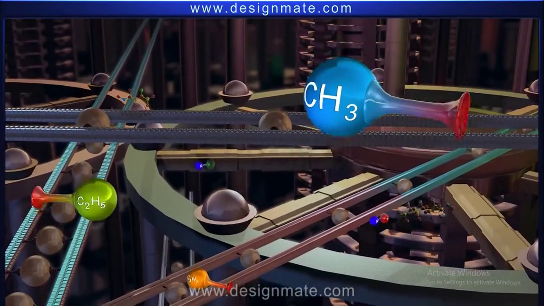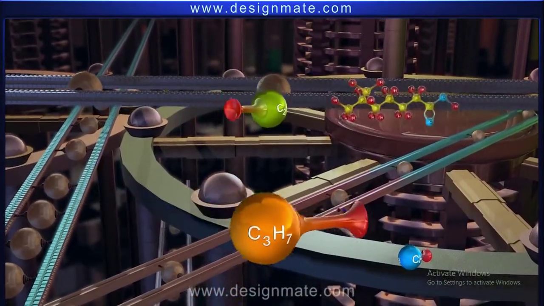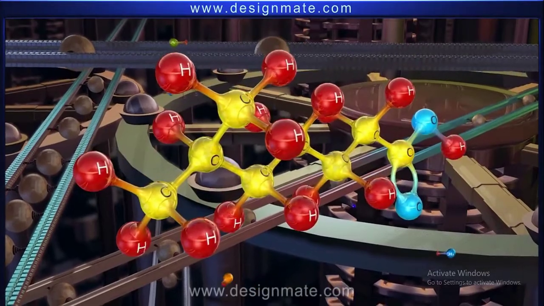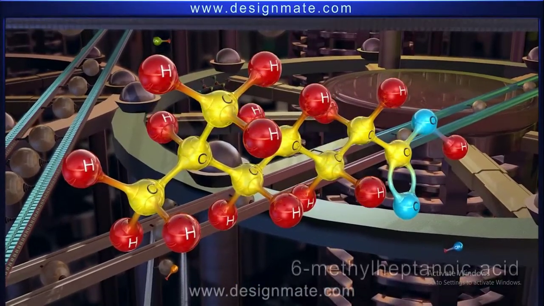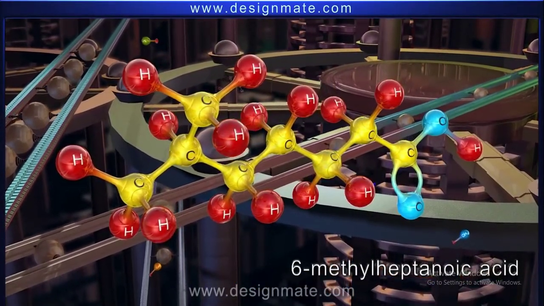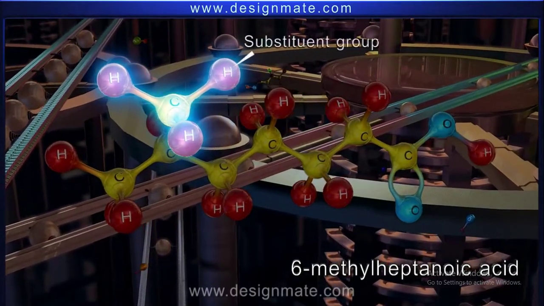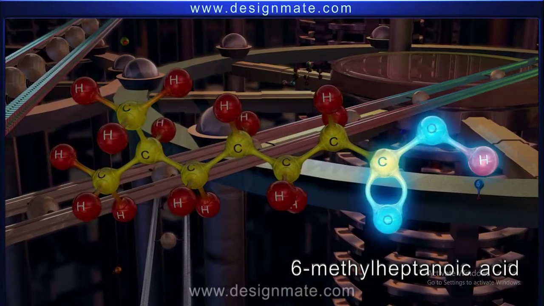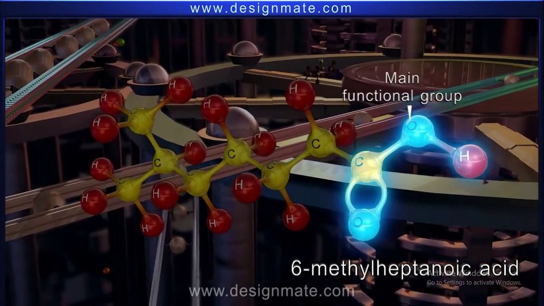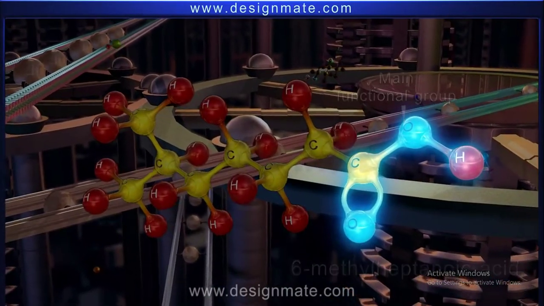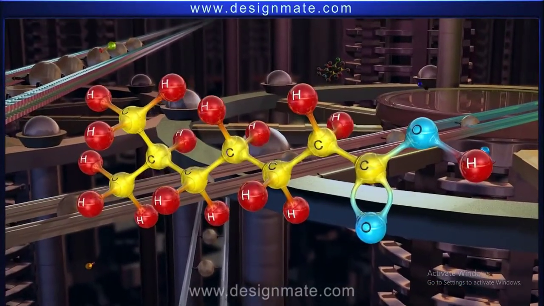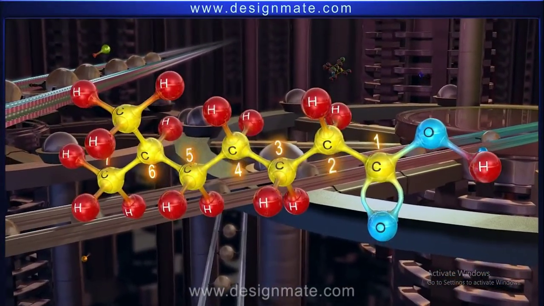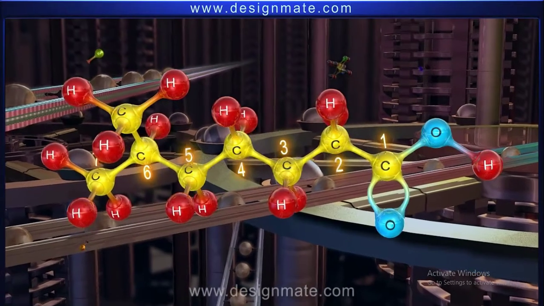Some of them are methyl, ethyl, propyl, etc. For example, this compound is named as 6-methyl heptanoic acid, where the alkyl group methyl is considered the substituent group or prefix, while the carboxyl group is considered the main functional group. Remember here, the chain is numbered in a manner in which the main functional group gets the lowest number.